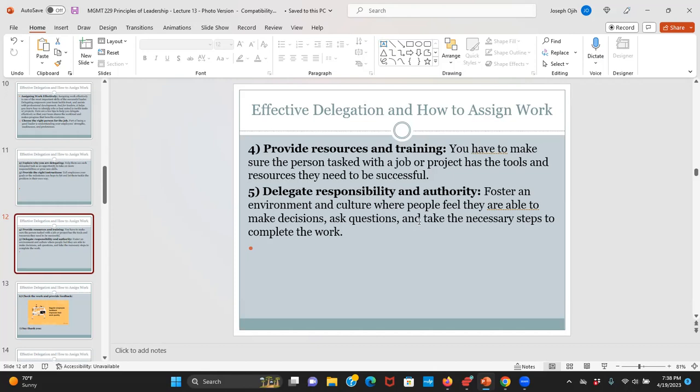So it is important to foster an environment and culture where people feel they are able to make decisions, ask questions and take necessary steps when it comes to completing the job at hand.